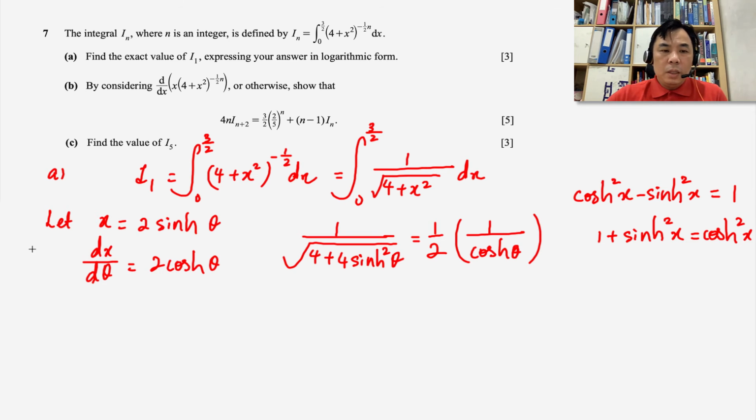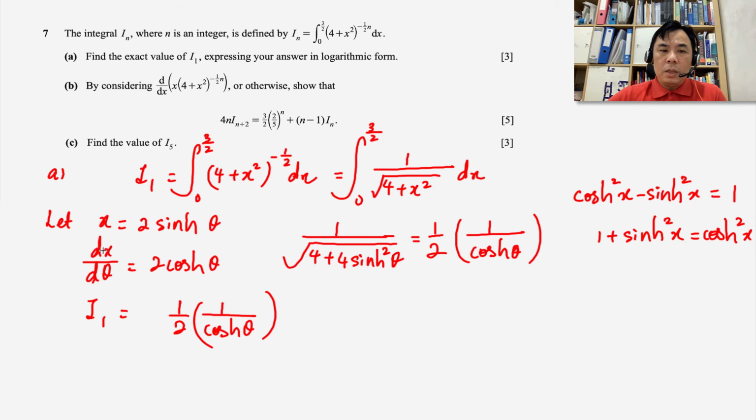Once you're ready, we're going to look at I1 one more time. In this form, we're going to replace all the substitutions that we have set up. We know that this entire thing has been changed to a half times 1 over cosh theta. And then dx, what is dx?